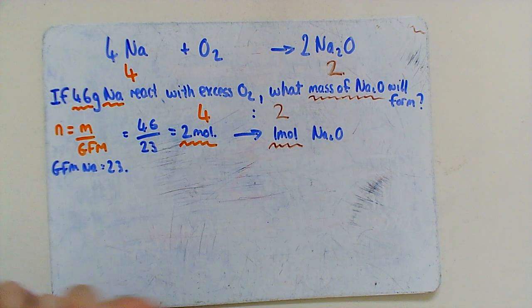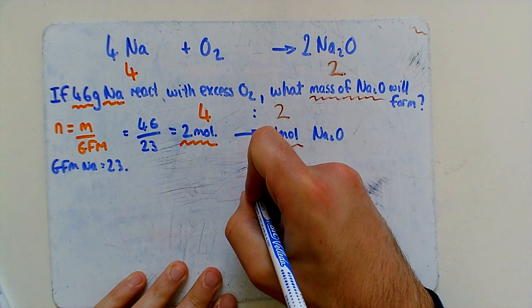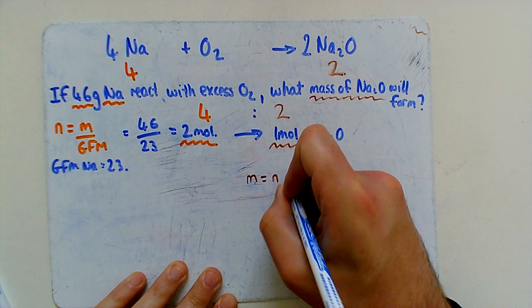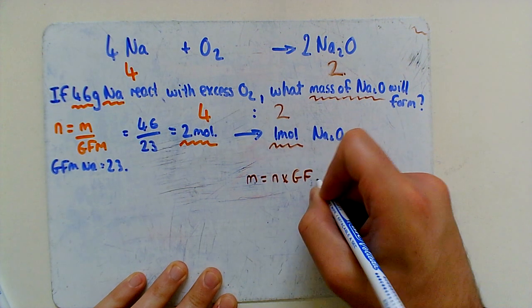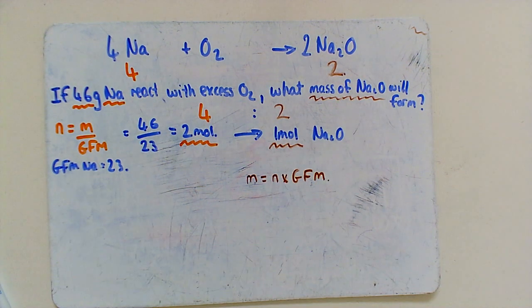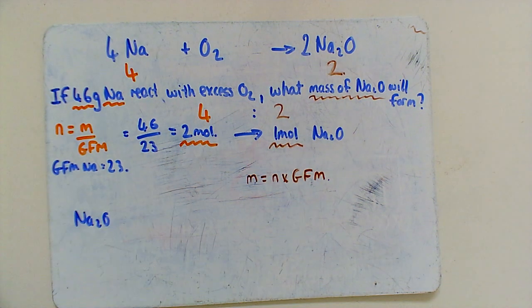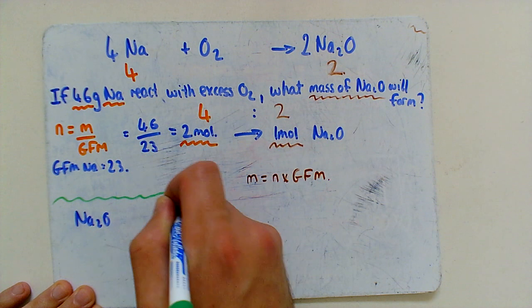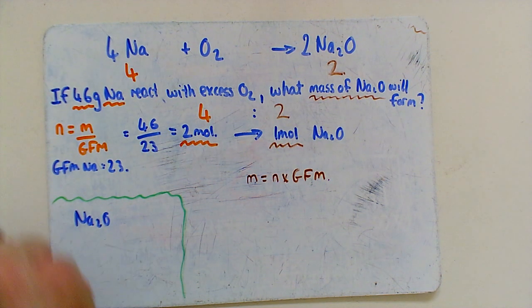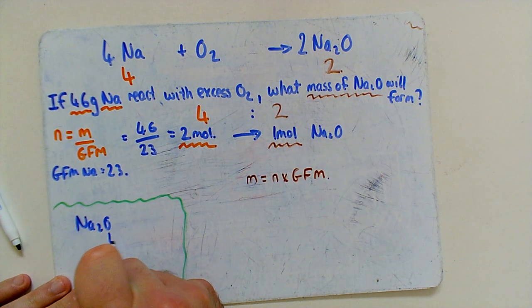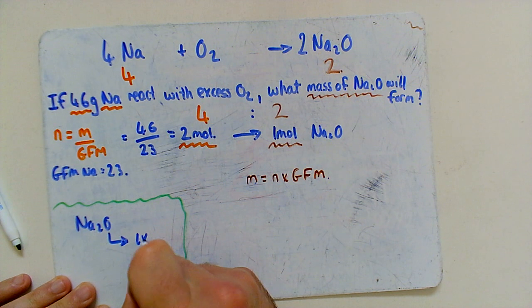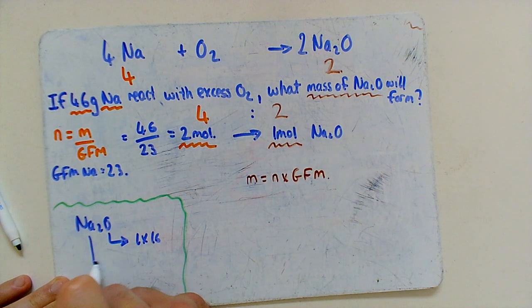Now we're going to use m equals n times GFM. I will need to work out the GFM. So Na2O. We'll do a box here. Oxygen, there's 1, so that's 1 times 16.